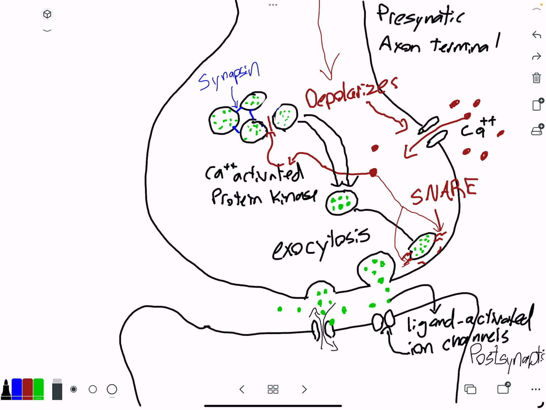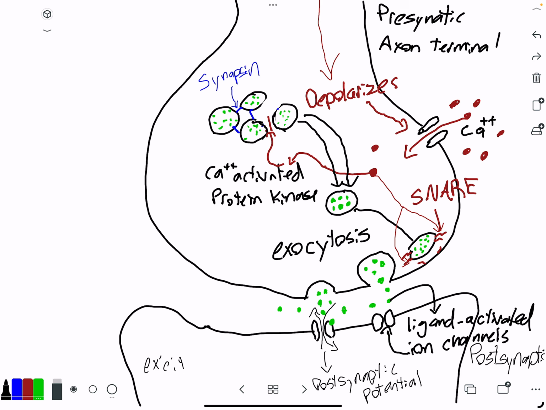So this ion flow will lead to a postsynaptic potential, or a change in that postsynaptic potential. Now, this change could be excitatory. So we may have an excitatory change.